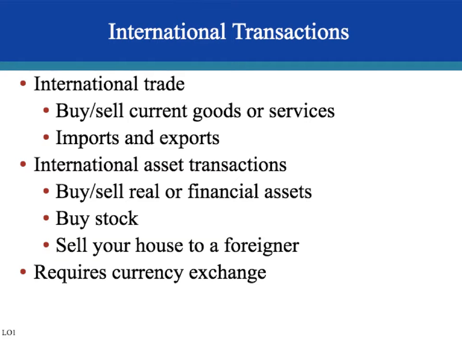And so if Ford, for example, exports cars to China, China has to convert their currency in the foreign exchange market to dollars, and then they pay the United States in dollars. So there's been an export of a good and an import of cash in the economy.